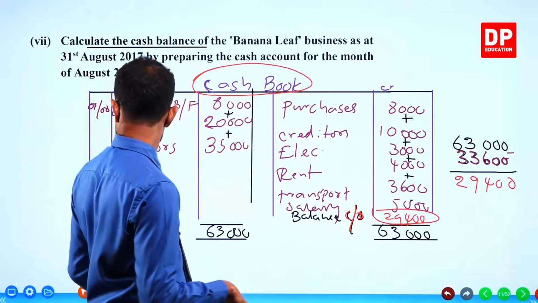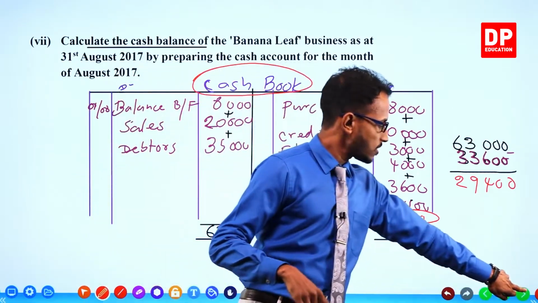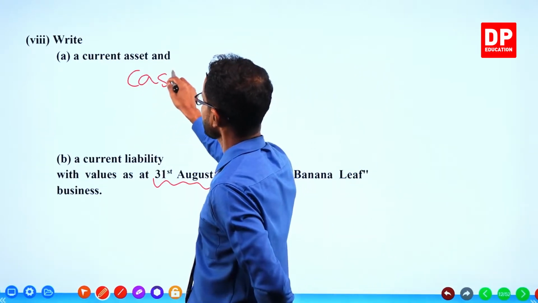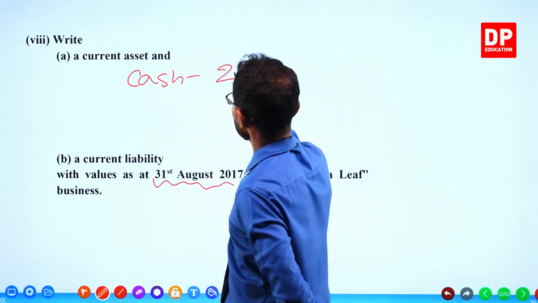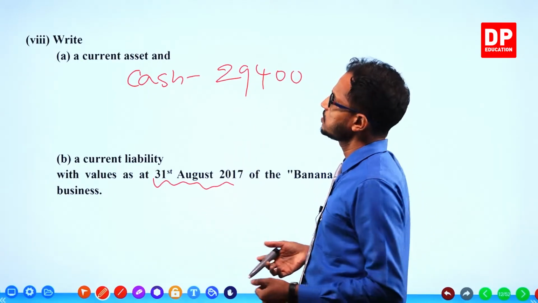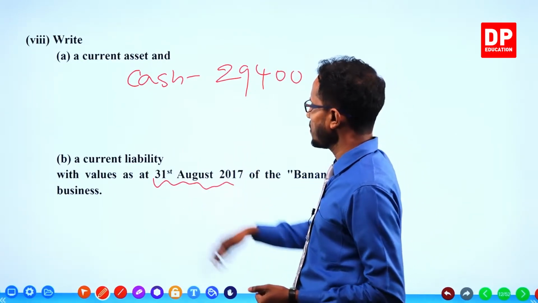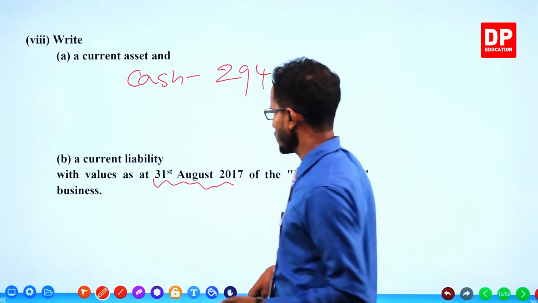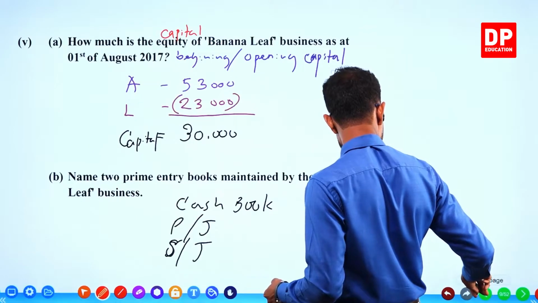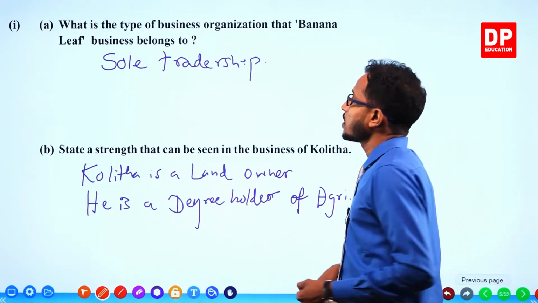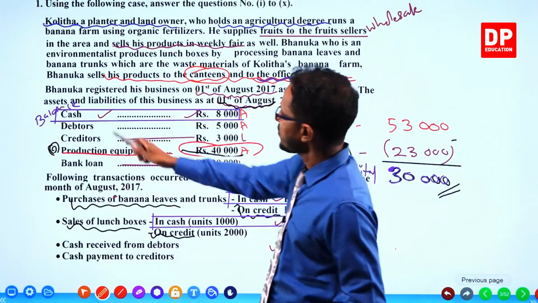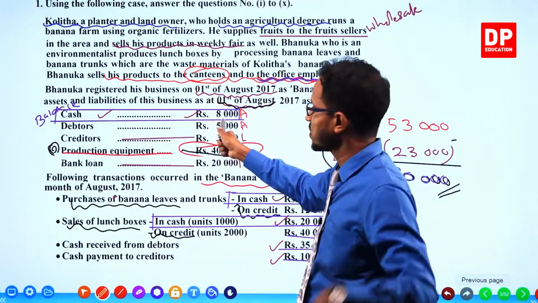You have to be smart like that. Current asset, cash, 29,400. Easy. Current liability. What is the current liability and what is the value? Let's go and see. We have cash and we mentioned the cash balance asset.